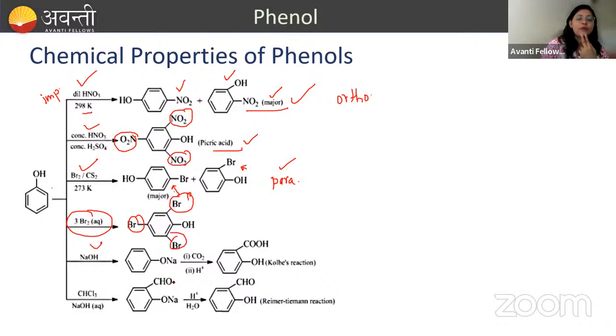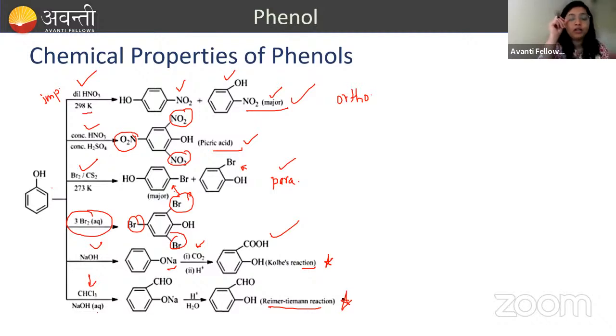When a base reacts with phenol, there is a formation of the salt of phenol, which reacts with CO2 to form an acid, and this reaction we have already seen, which is known as Kolbe's reaction. When it reacts with CHCl3 and NaOH, what is the name of this reaction? Yes, it is the Reimer-Tiemann reaction, right?